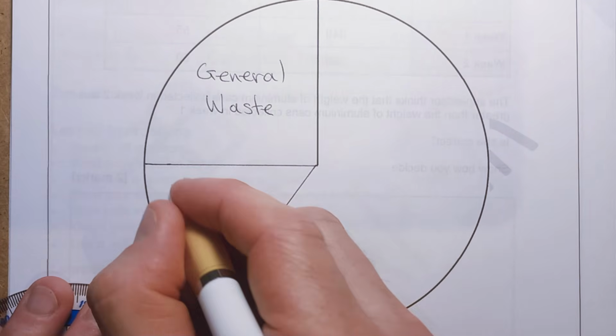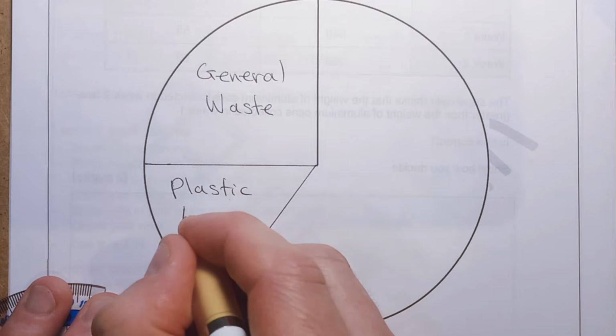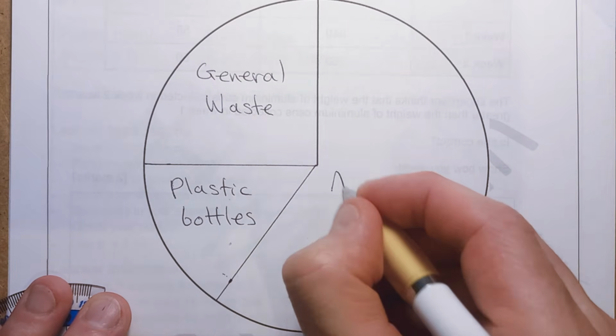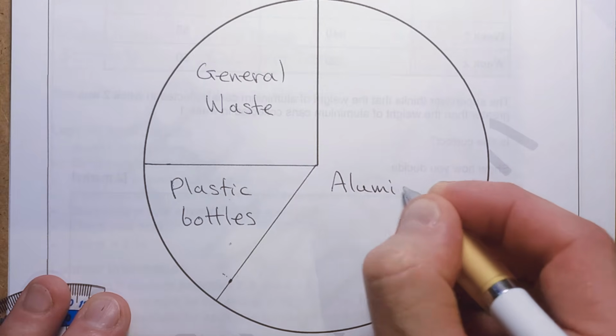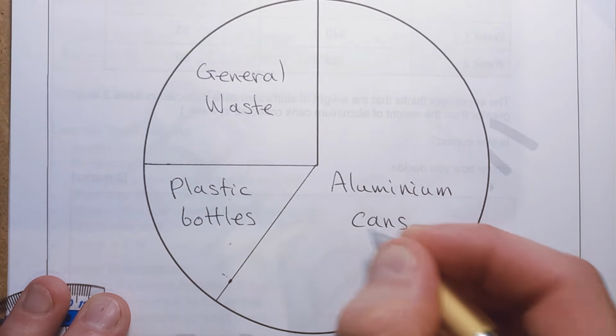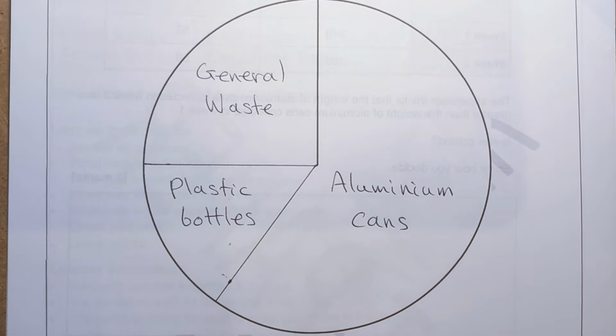So this is going to be our plastic bottles. So everything else is our aluminium cans. Okay. Yeah. And there's our pie chart.